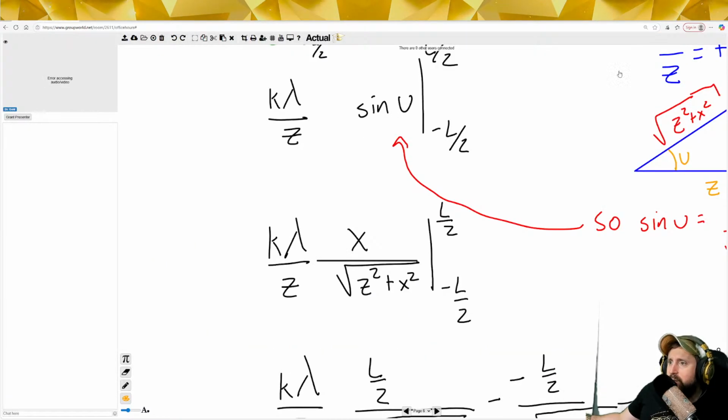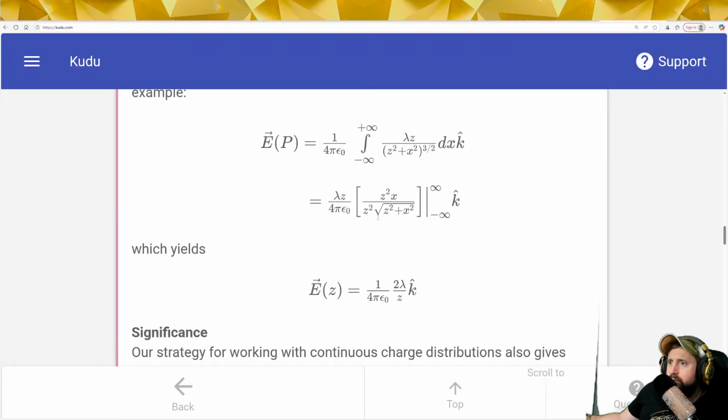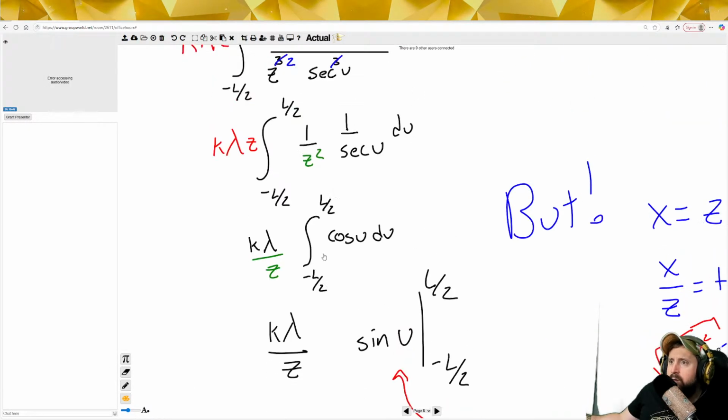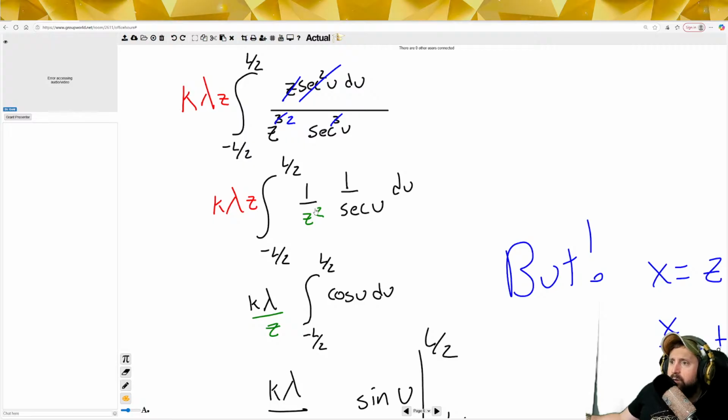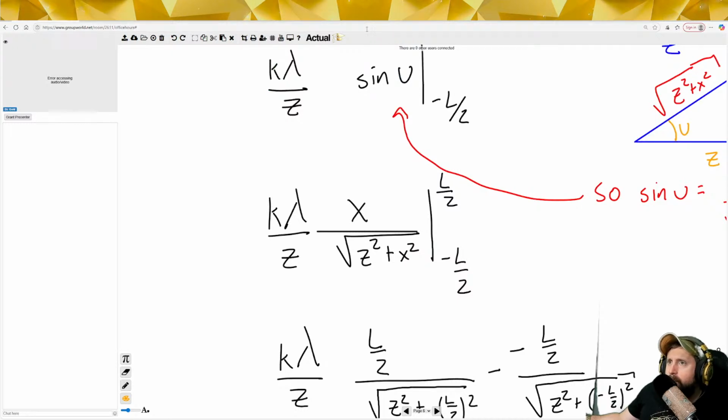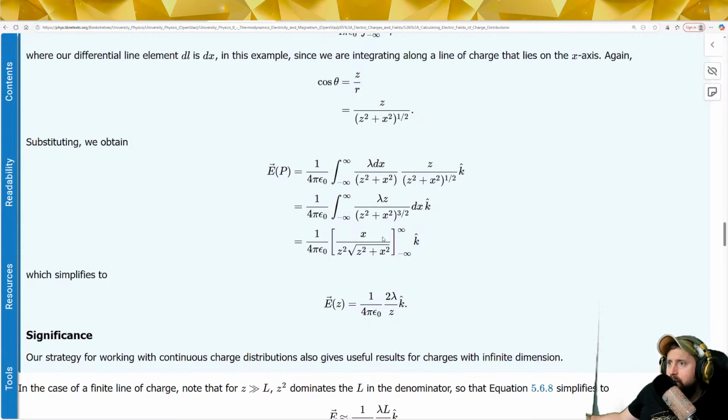Need a Z on the bottom, because we had a Z squared there, which canceled out with the Z there. And I think we found this also in here. Yeah, 1 over 4 pi epsilon naught x.